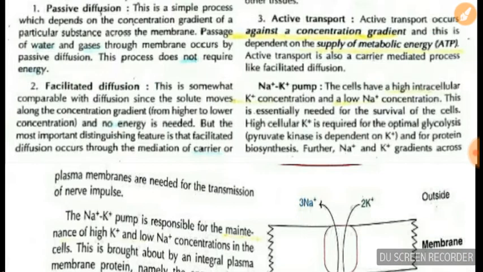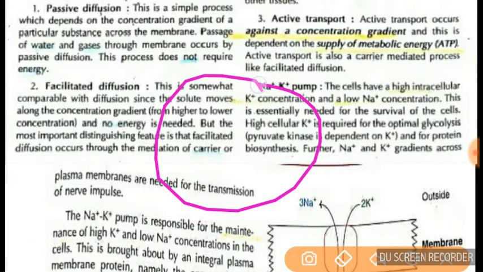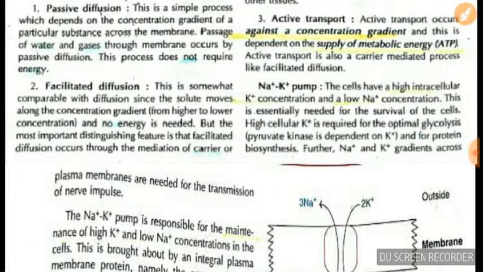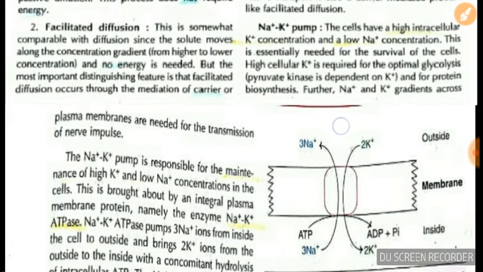One thing I want to tell you is that in our cells there is high concentration of potassium inside, and outside there is high concentration of sodium ions, and this is a very important factor for the survival of the cells. So to maintain this, the sodium potassium pump works over here.